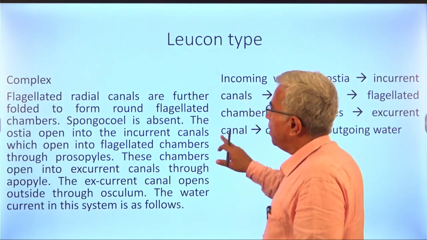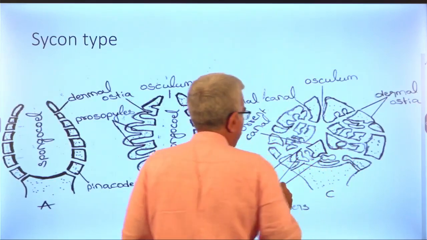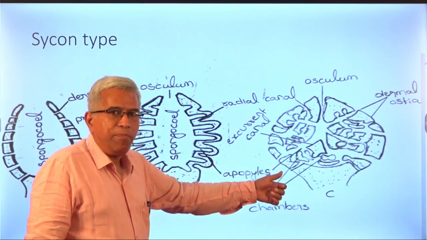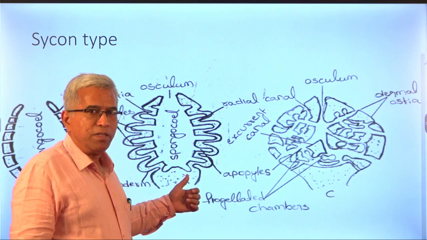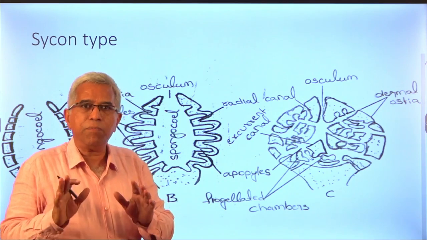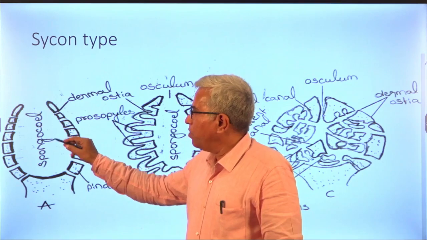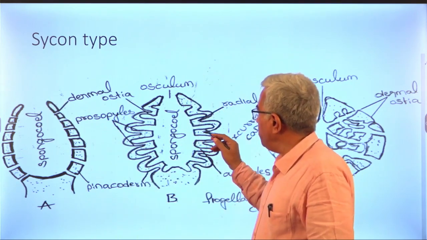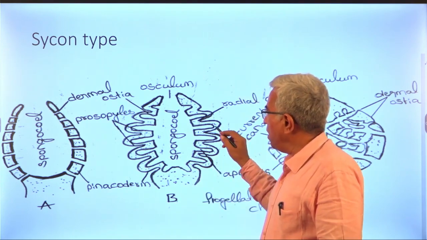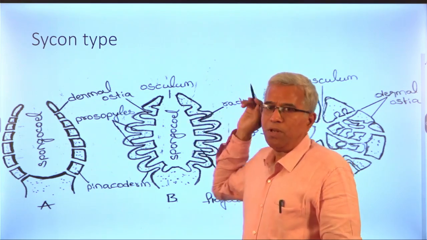And let us see another type, Leucon type. Let us go back to the diagram. Of course, here you can see the Leucon type. You can see the basic difference between Leucon type and other types of canal systems. In Ascon type and Sycon type, you can find a cavity called spongiocele. In Ascon type, you can see ostia, spongiocele, and osculum. In Sycon type, you can find some extra structures, namely along with ostia, you can also find incurrent canals, radial canals, spongiocele, and osculum.